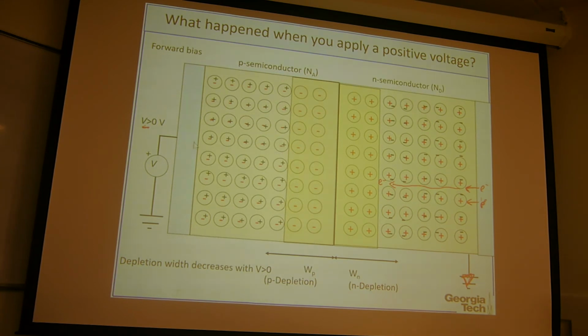Similarly, you can think about the positive holes injected from the positive terminal. Previously you didn't have holes here, now you have holes here, then this shrinks as well. So the conclusion here is the depletion width decreases with the positive voltage. You see, this depletion width decreases.